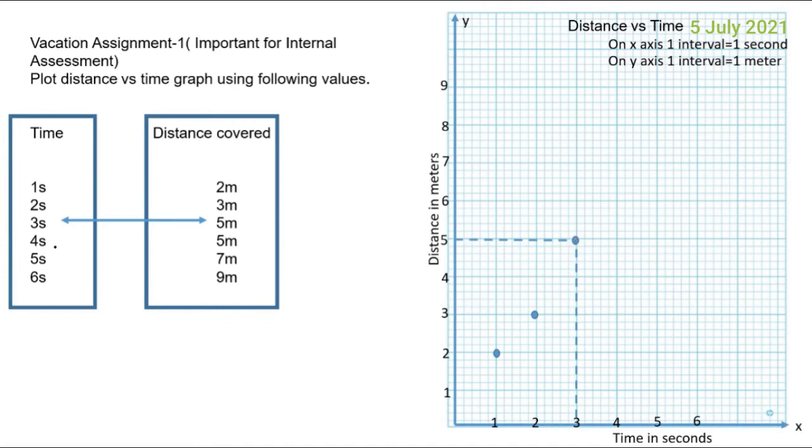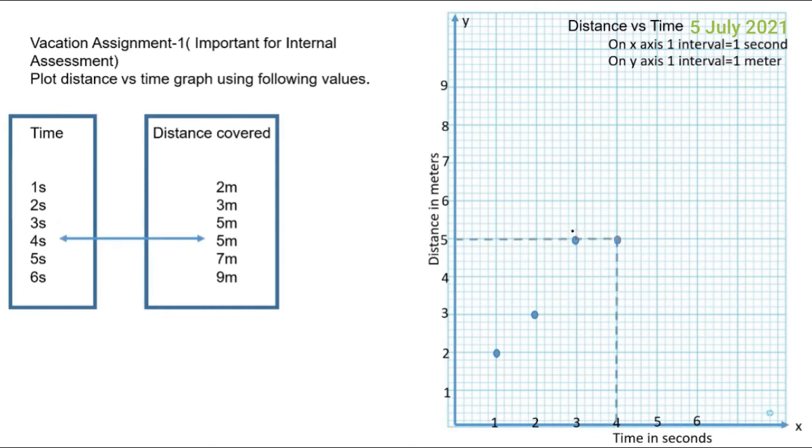Now the next one, 4 second, again 5 meters, which means the vehicle which was moving, let's say a car moving forward somewhere, at 3 second and 4 second is at 5 meter distance only, meaning it did not move. That is the point you need to understand. So for 4 second, again the same point will come here.